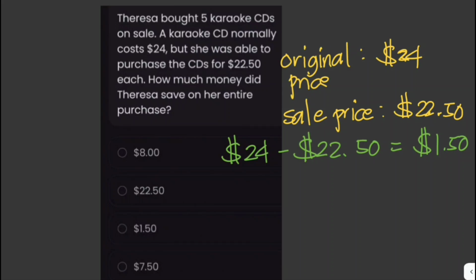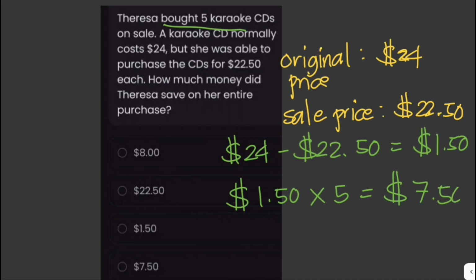Therefore, Teresa would save $1.5 in purchasing each of the karaoke CDs. But she bought 5 CDs, so we can just multiply $1.5 by 5, and this would give us $7.5.